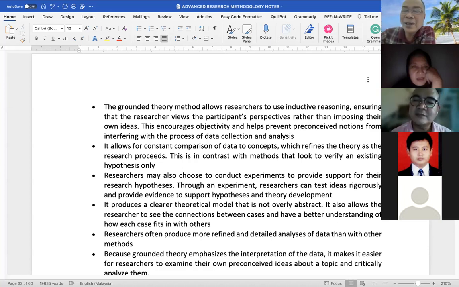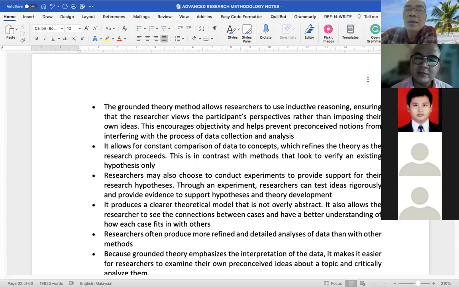Some people appreciate it, some don't like it. But in research, there is nothing wrong with giving a token of appreciation. You can give a pen or a cup or anything.